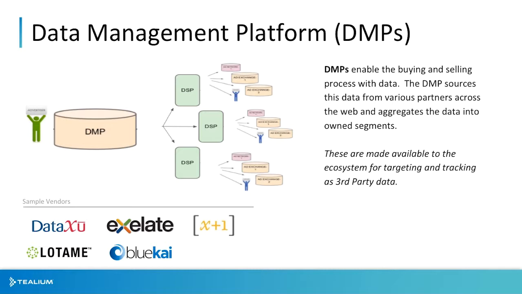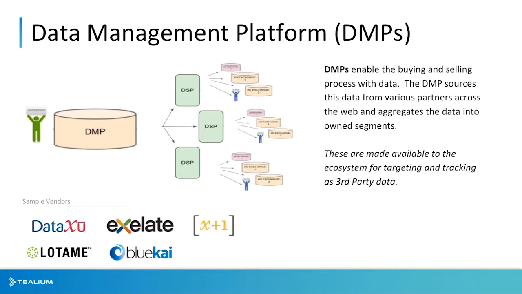And at the bottom of it all is the DMP, the data management platform. It sits on both sides of the equation. It's the neutral body that supplies the segments or the audiences that lets the demand side and the supply side know these are the people that are looking for the ads, and these are the people that are arriving to your site.